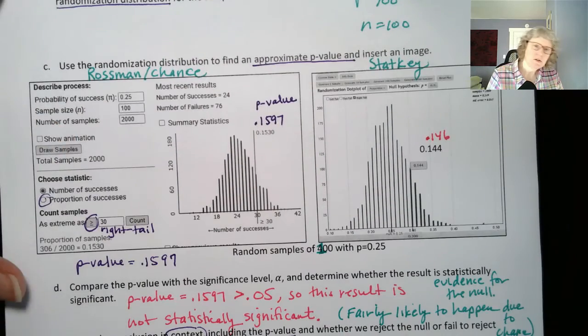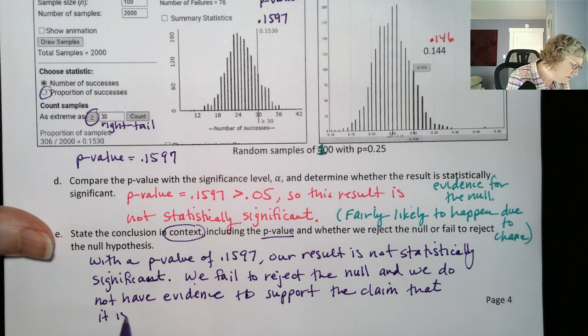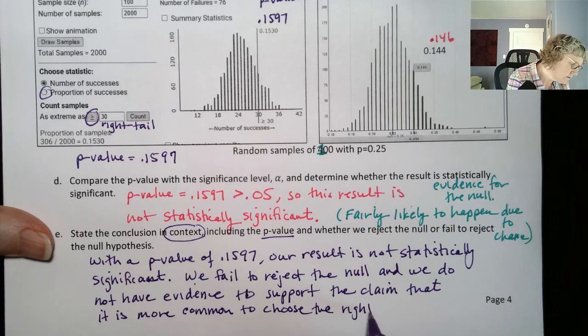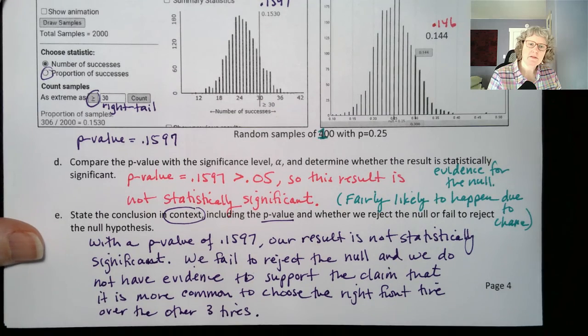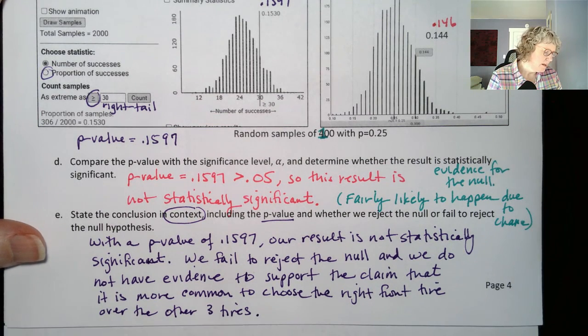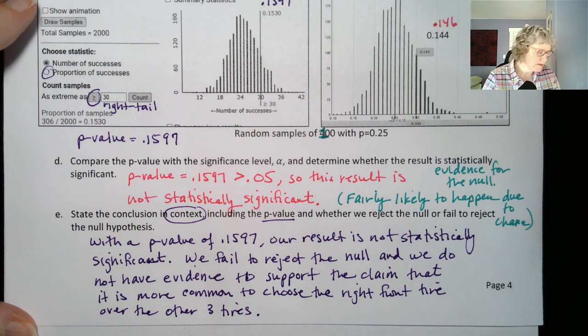Okay, so we do not have evidence to support the claim that it is more common to choose the right front tire. And I could also say over the other 3 tires. Okay, so that's one way to write it out. And then I'll go over the more details of the last part in the next video.